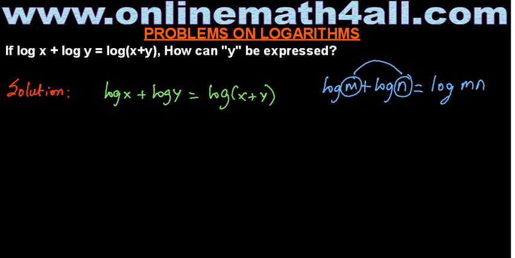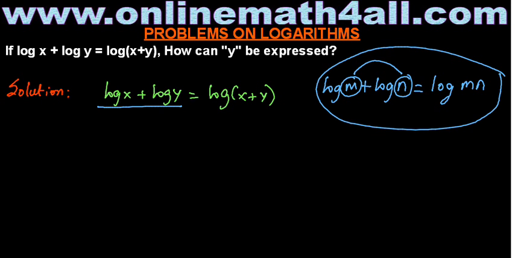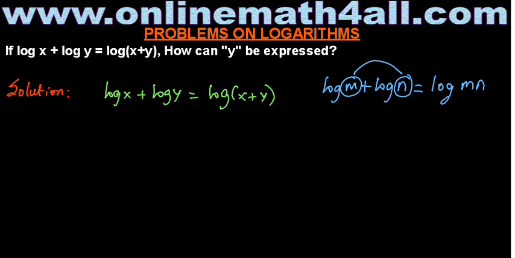Now let us come back to our problem. We have log x plus log y is equal to log of x plus y. On the left side two logarithms are added, so we can use this fundamental law on the left side of the equation. I'm going to take only one logarithm and multiply the two terms x and y, so I get log of x times y.